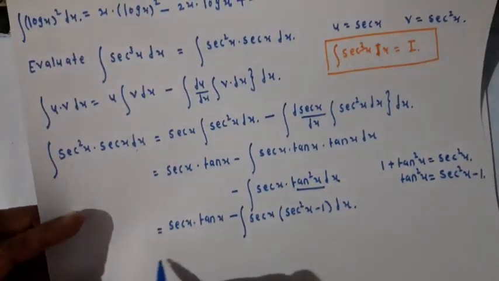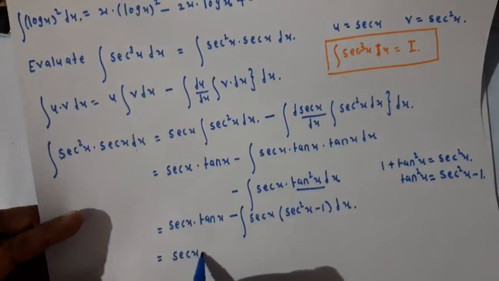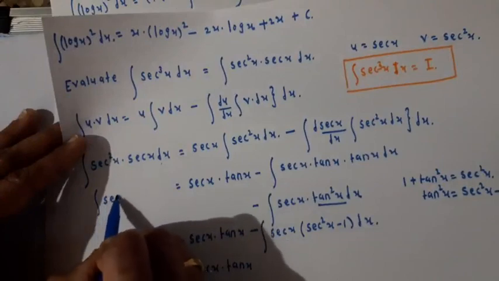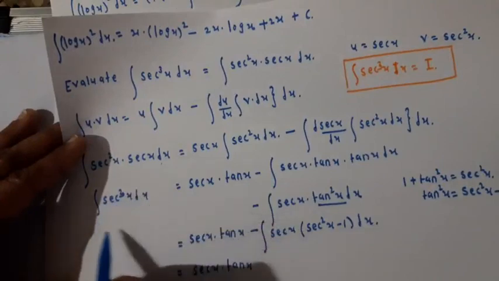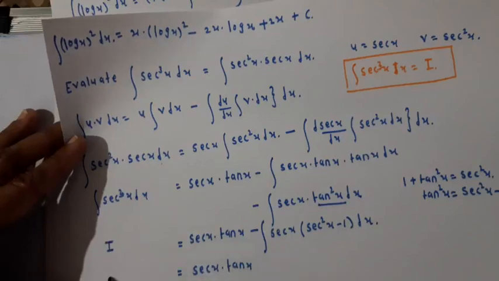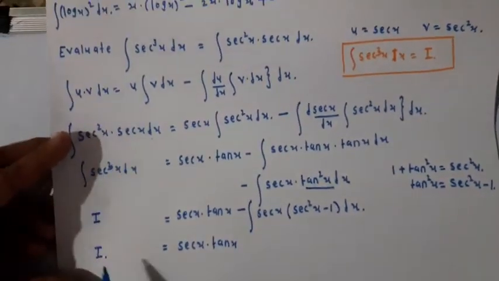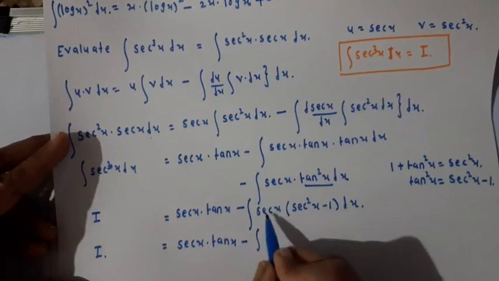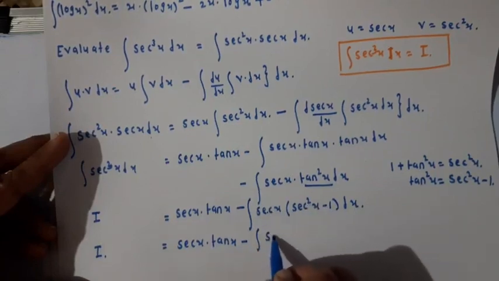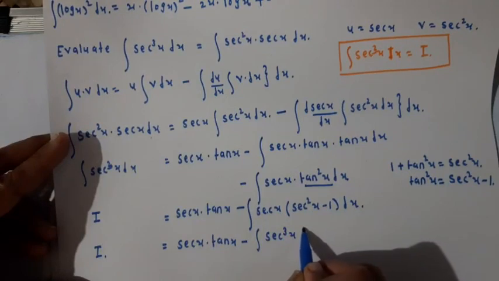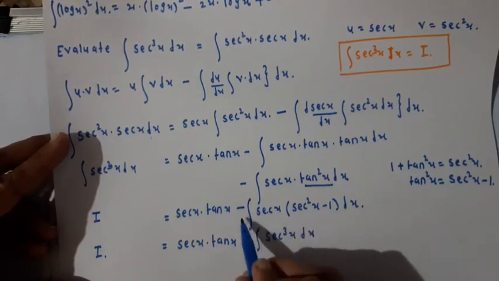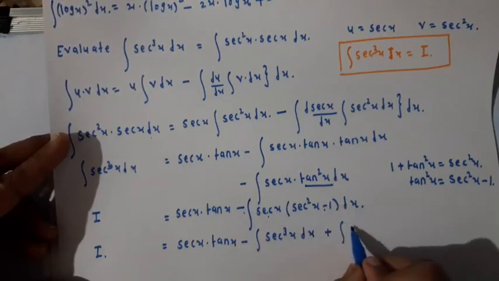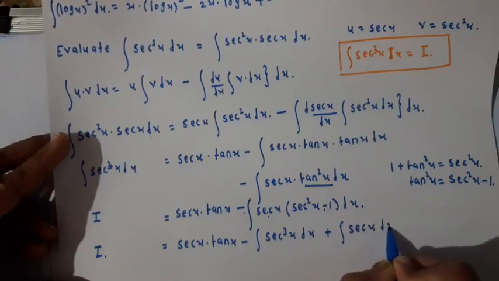This is equal to sec x into tan x minus the integration of sec cube x with respect to x, which we have considered as I, and minus the integration of sec x into sec square x, that is sec cube x, with respect to x. Minus minus becomes plus, take the integration separately. Sec x into 1 is the integration of sec x with respect to x.